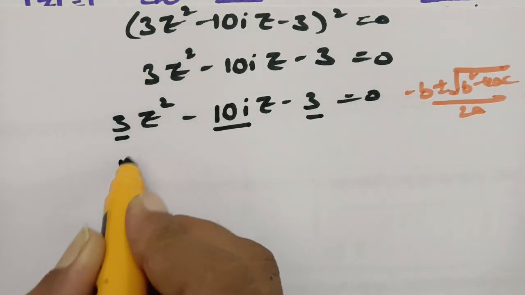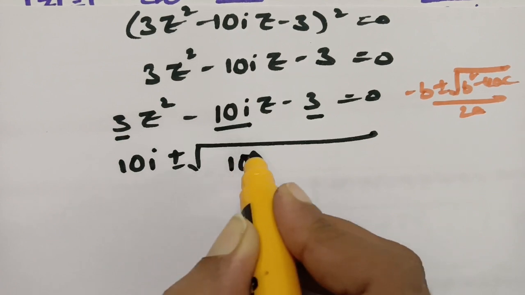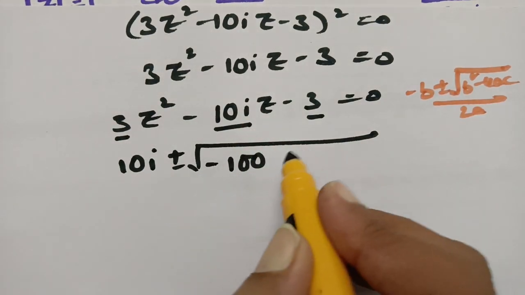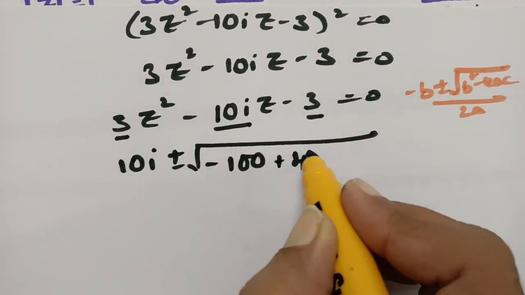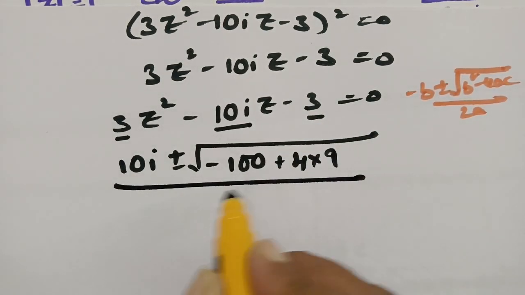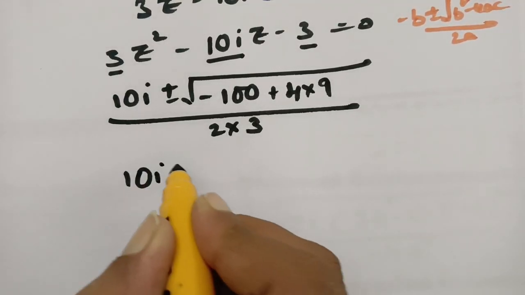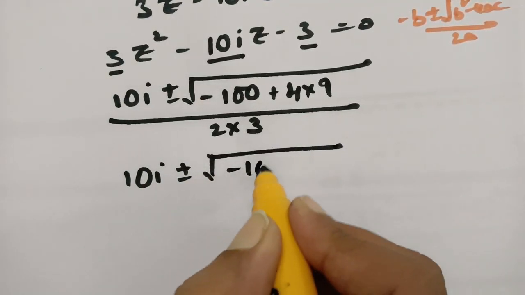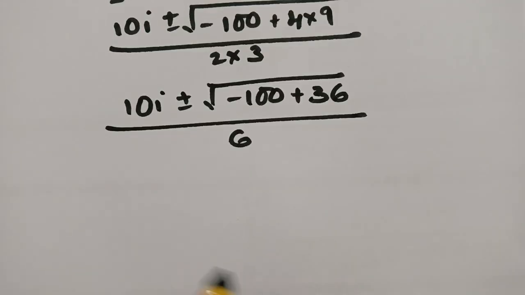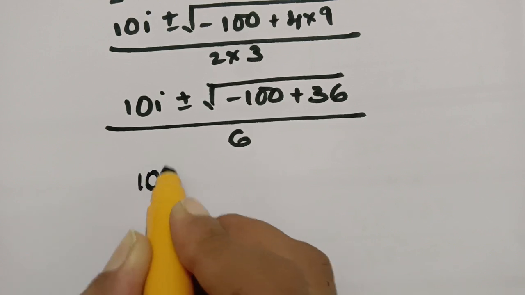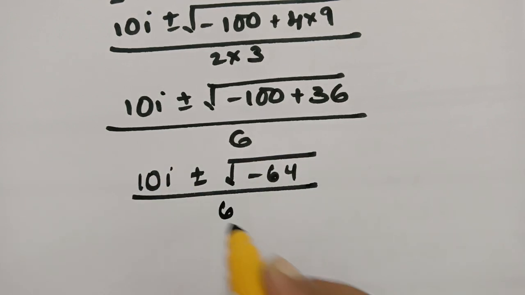That is minus b, that is 10i, plus or minus root over b square, that is 100 into i square, is minus 1, minus 4 into a into c, that is minus of minus plus 3 threes are 9, by 2 into 3. So the roots are 10i plus or minus root over minus 100 plus 36, by 6, and therefore this value is 10i plus or minus root over minus 64 by 6.